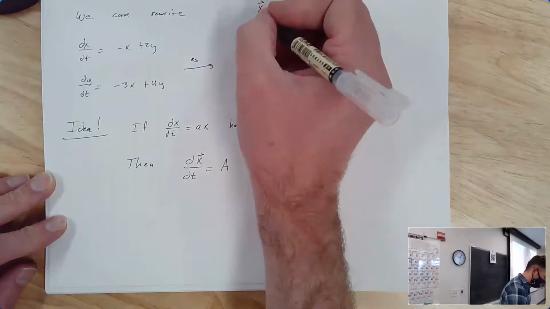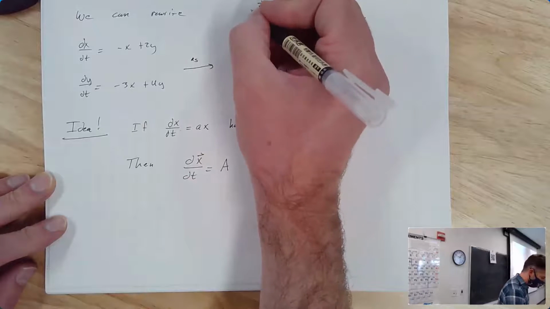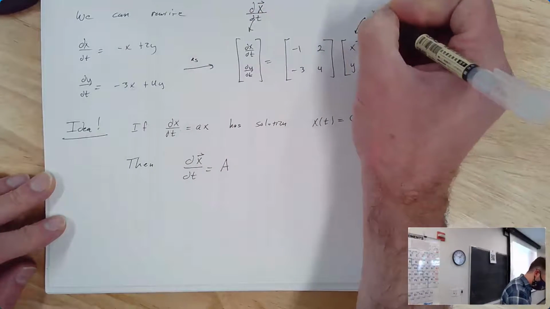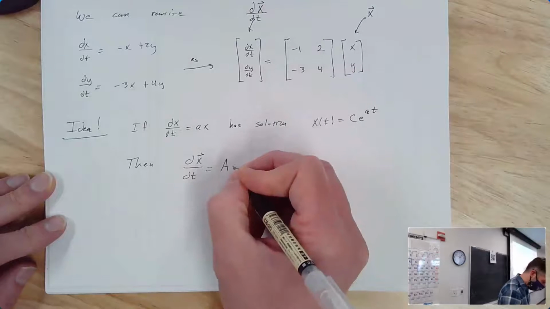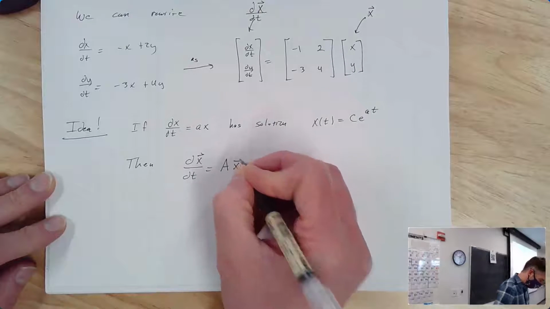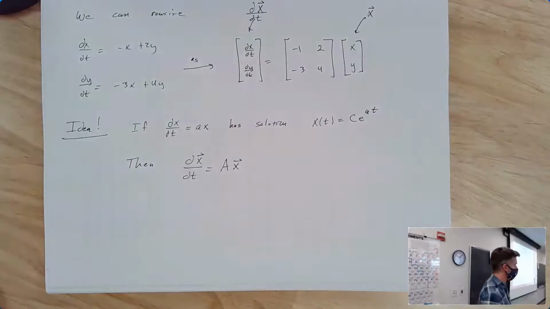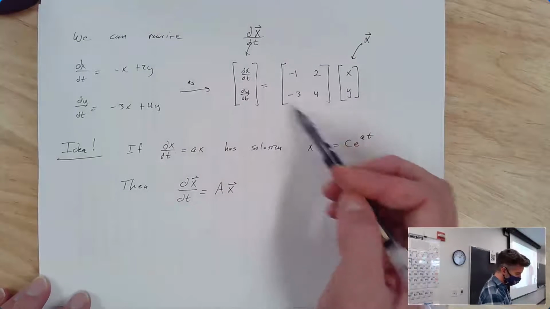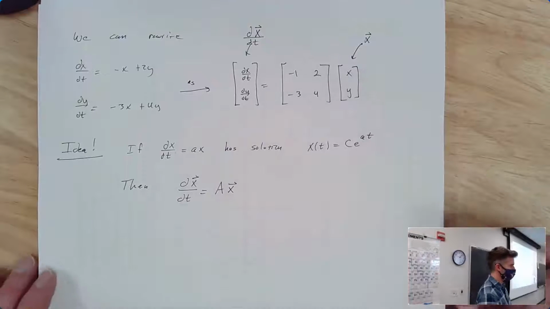Oh, sorry, this is not the vector x. This is the vector that's the derivative of x. This is the vector x. We're trying to solve that: the derivative of this vector is equal to the matrix times this vector.